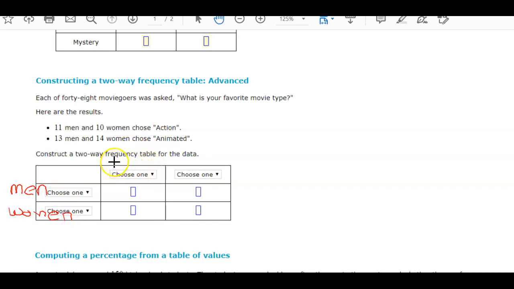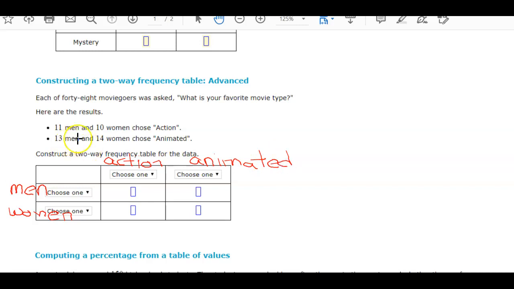So here where it says choose one, why don't we go ahead and select action. And over here, let's go ahead and select animated. Okay, so at this point here, it's nice and easy. The only thing we need to do is just go ahead and fill in the blanks.